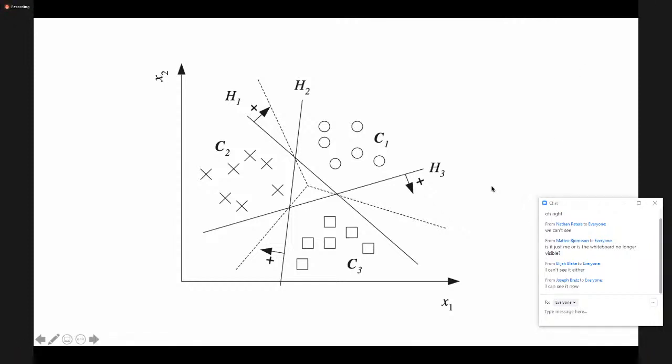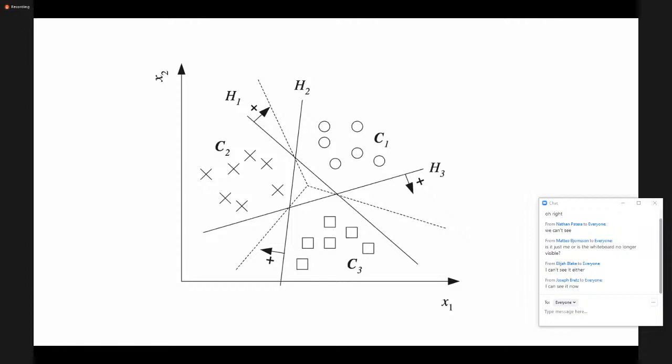Sure. Look in this region right here, where if you fall there, notice we're on this side of H1, which is the class 1 model, and we're also on this side of H3, which is the class 3 model. So in that case, it's going to say, oh yeah, this data point belongs in both class 1 and class 3. But we only want one decision. So we have the two extremes, where on the one hand we get no decision, and on the other extreme we get more than one.